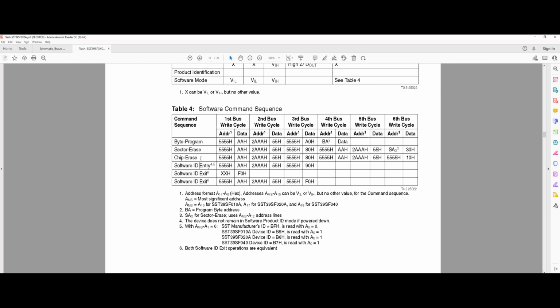But normally, when we want to write something to a specific memory address in our flash memory, we just need to first erase the sector and then do the write operation. All right, with that, we are ready to have a look at the sketch and see how we could read and write to our flash memory.